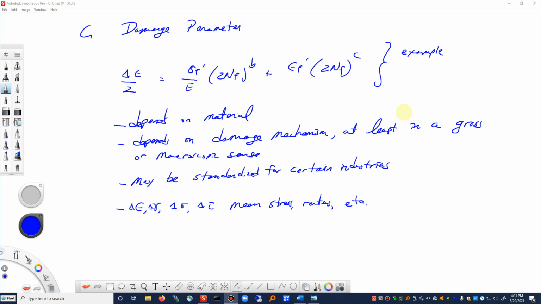Strain range, shear strain range, a stress range, a shear stress range, mean stresses, strain rates or stress rates, or different things like that. So anything where you can come up with a way to calculate a number of cycles to failure based on some level of something is a damage parameter.